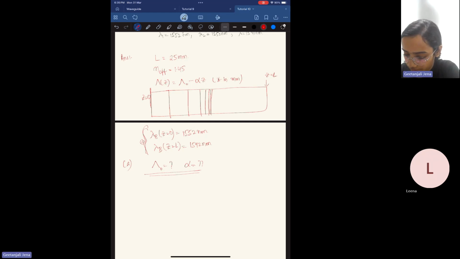It is given that lambda B at z equal to 0 is 1552 nanometer.